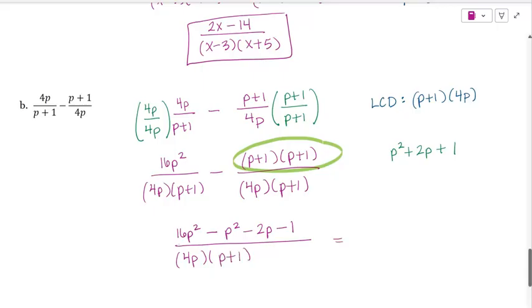And then I can simplify this a little bit. Let's see, that'll be 15p squared minus 2p minus 1. And I'm going to leave my denominator in this factored form.